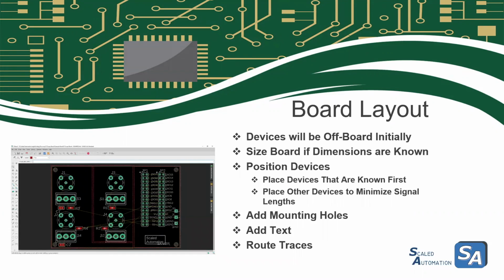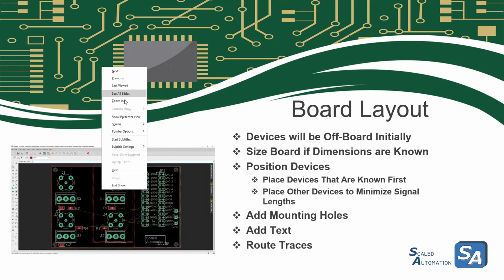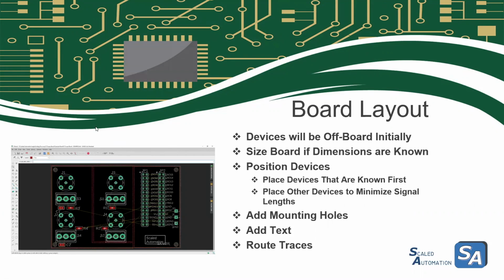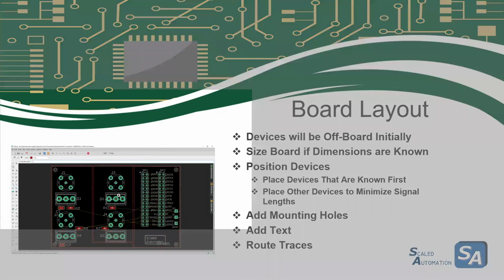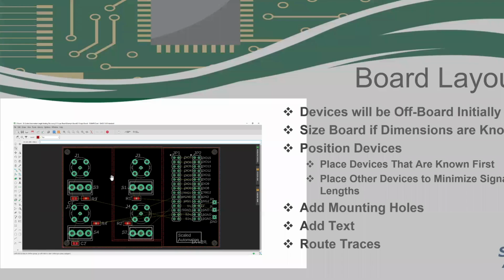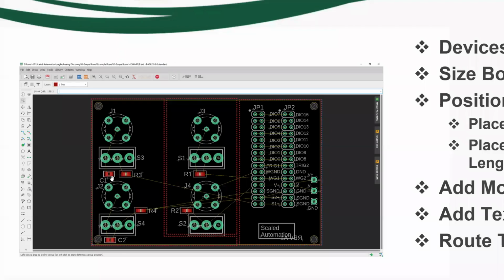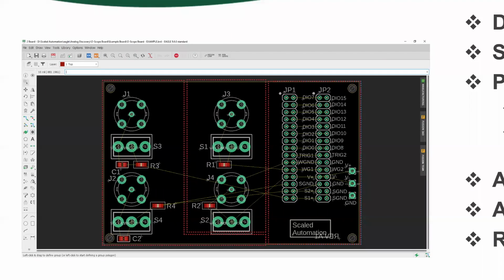Board layout. So initially, the devices are going to be off the board, and we'll see a little bit of that in a minute. And you're going to start placing them on the board. I'm going to do another zoom in real quick, and I can push the right mouse button. At this point, I've put the components onto the board in the right places, but you can see these little yellow lines.